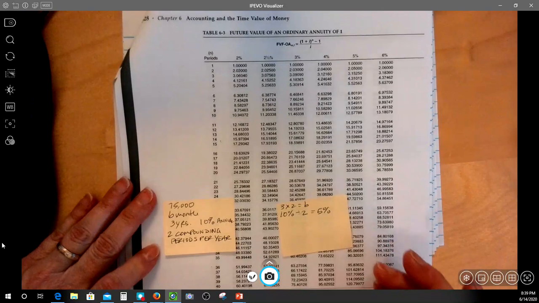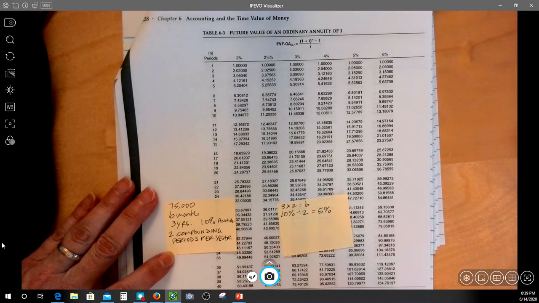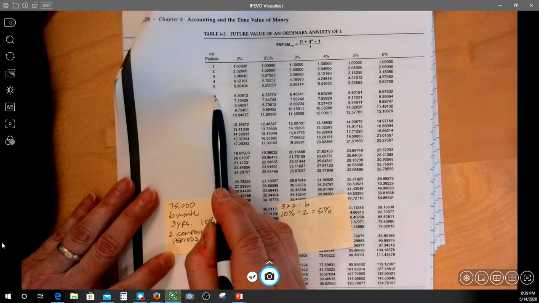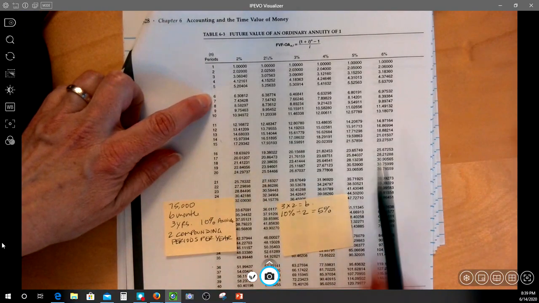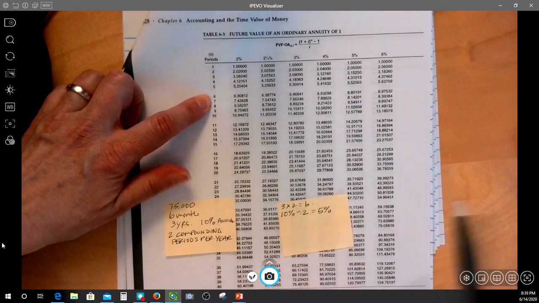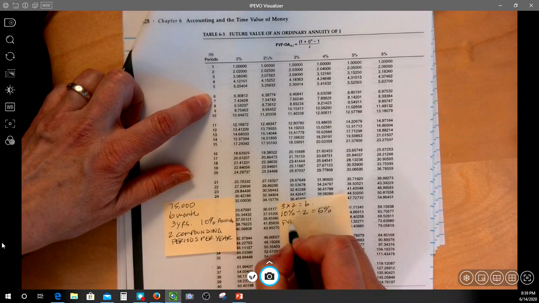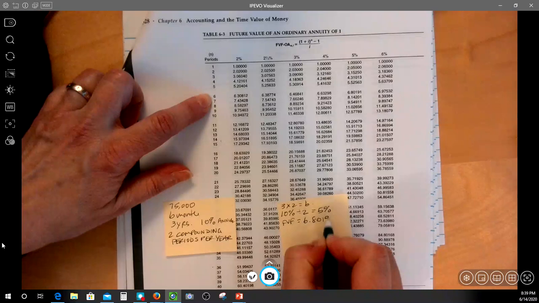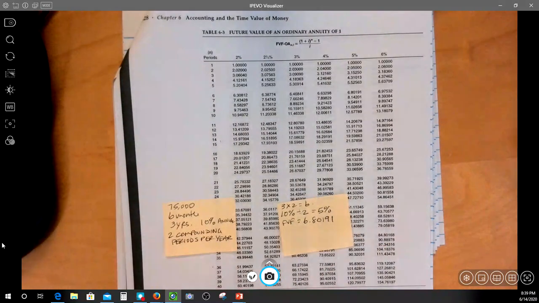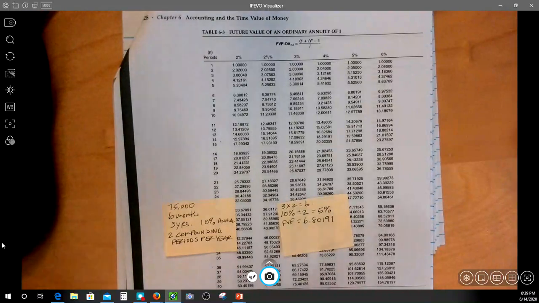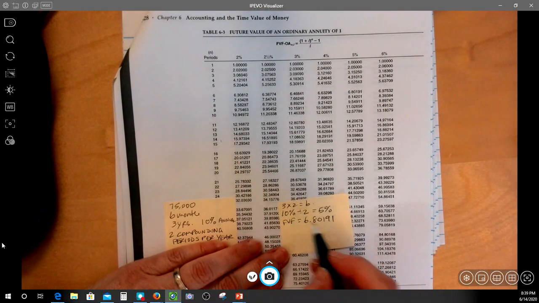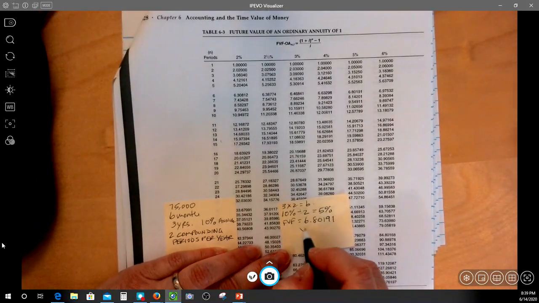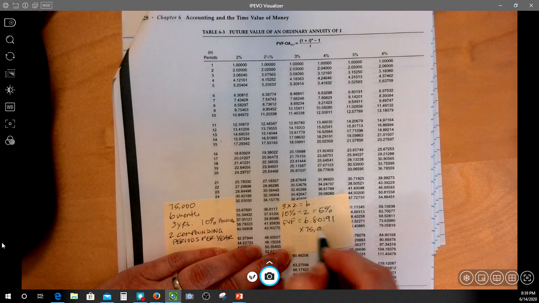So if we do that, we've got 75,000. We have 6 periods. Here's 6 at 5%. At 5%, we get a future value factor of 6.80191. All right, now what we'll do is take that 6.80191 and multiply it by 75,000.